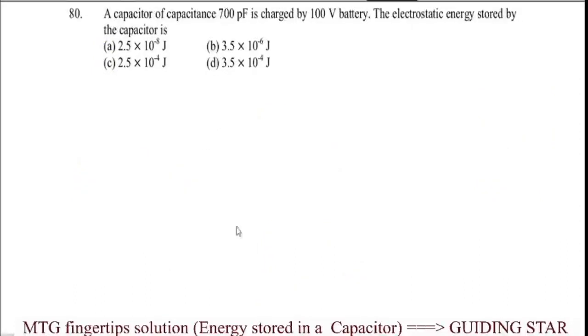In this question, a capacitor of capacitance 700 picofarad is charged by a 100 volt battery. The electrostatic energy stored by the capacitor is? So here in this particular question, capacitance which is given over here is 700 picofarad, so 700 into 10 to the power minus 12 farad, and voltage supplied is 100 volt.